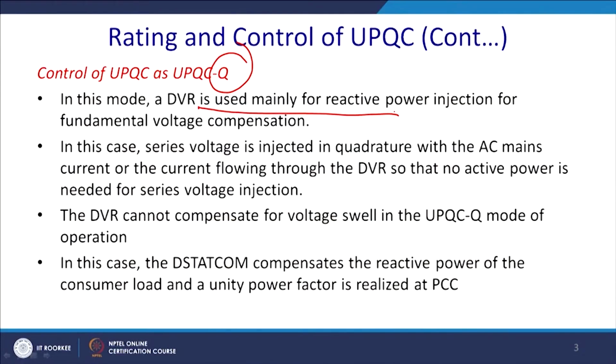In this case, the series voltage is injected in quadrature with the AC mains current, or the current flowing through the DVR, so that no active power is needed for the series injection. It will not take any active power, only to meet the losses of the switches it requires active power.